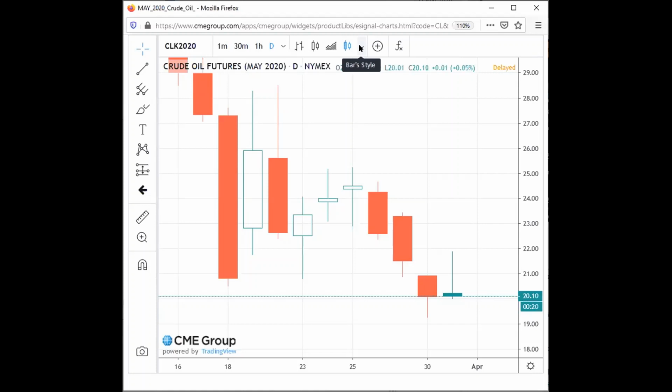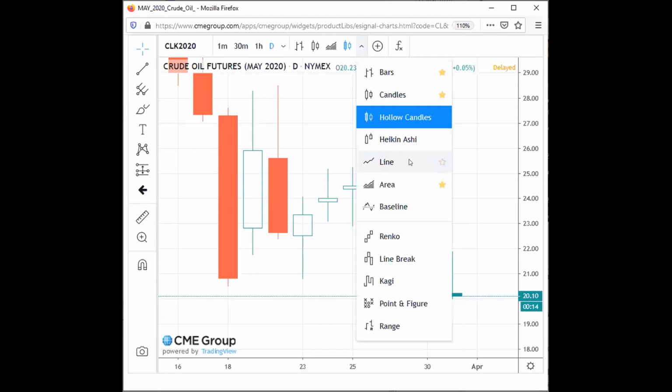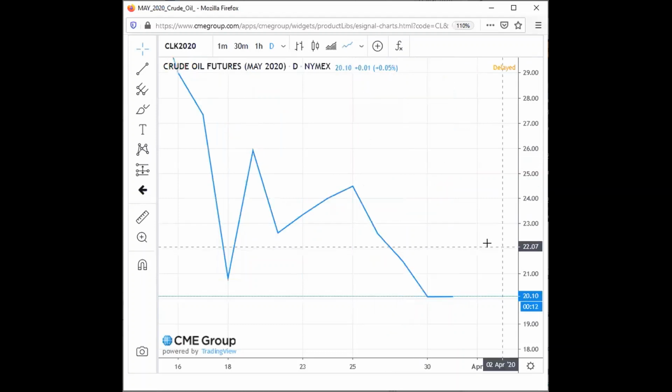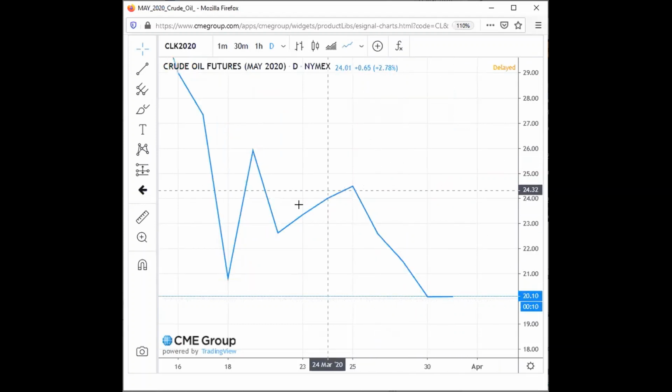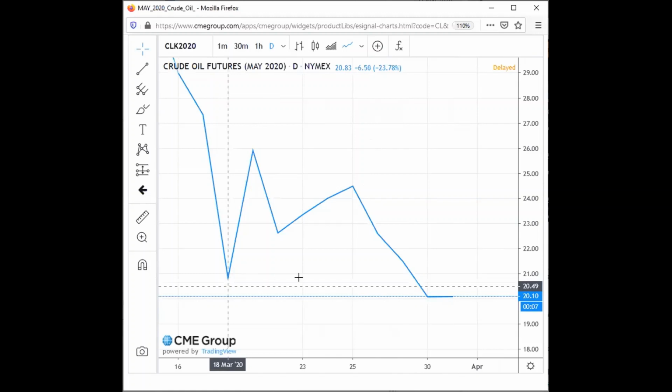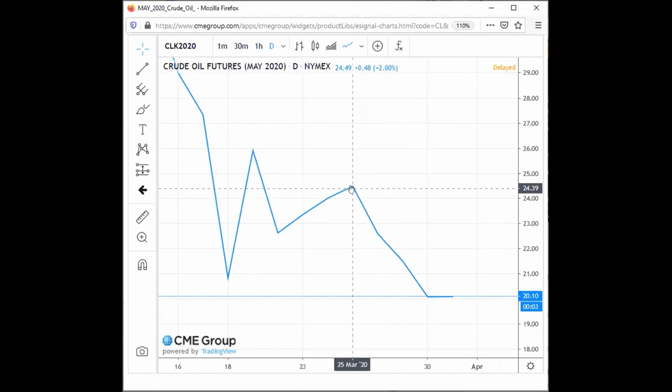You go to the top part of the chart, from this little arrow, you pick the line, right? If you pick a line, you will get a single line for each day. How do we know which price this line is reflecting? Is it open, close, high, or low? By default, it is close.